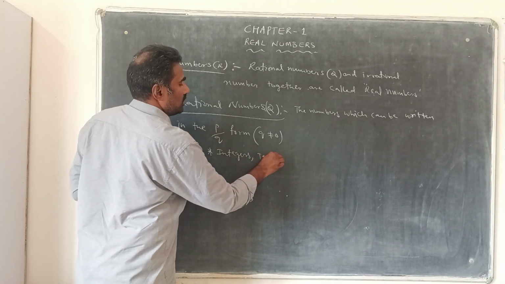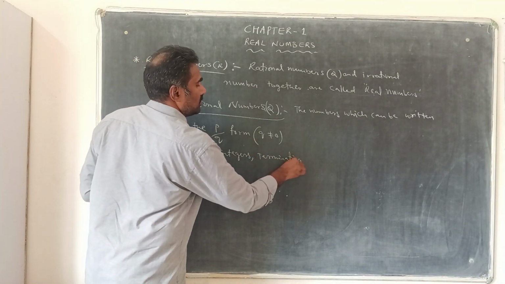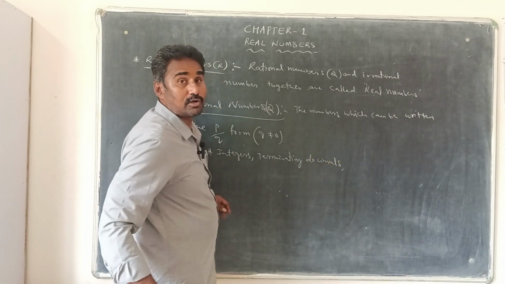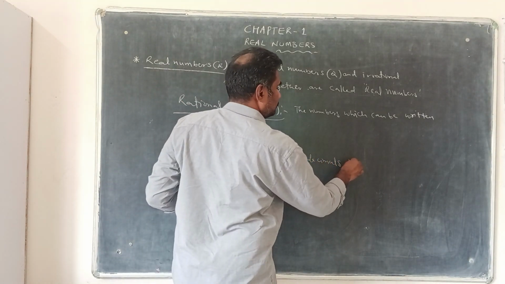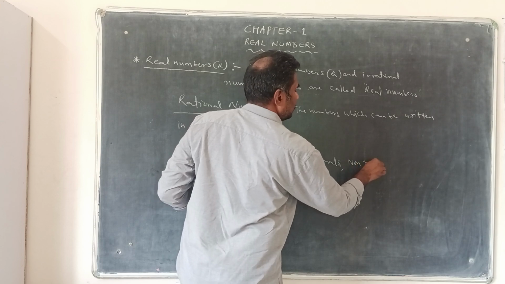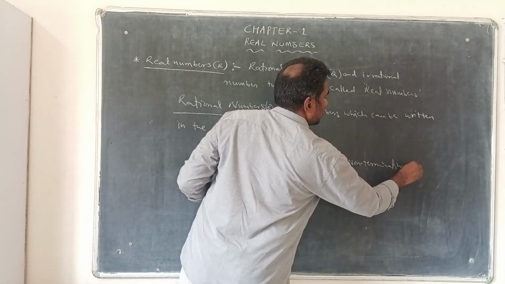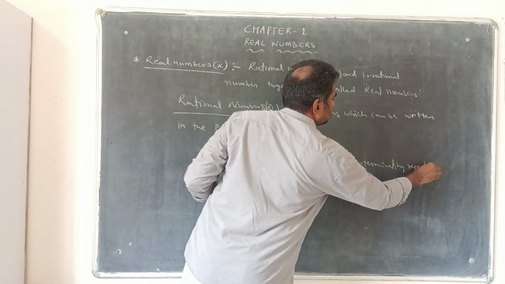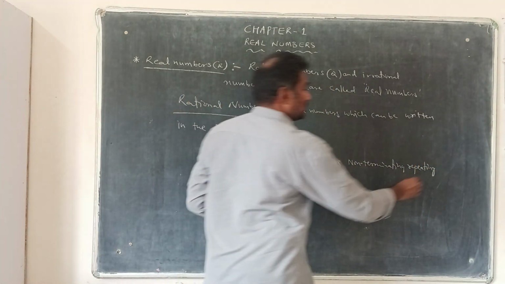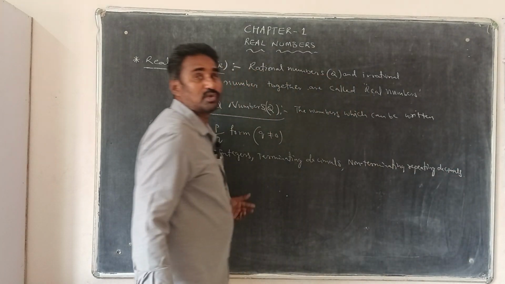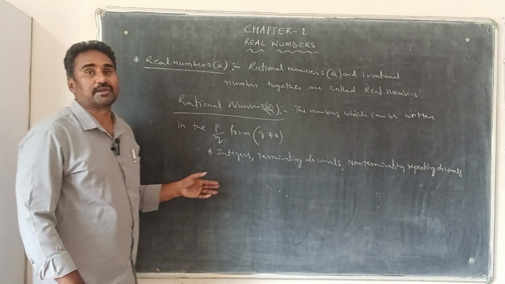Next, terminating decimals. And another one, non-terminating repeating decimals are also rational numbers.